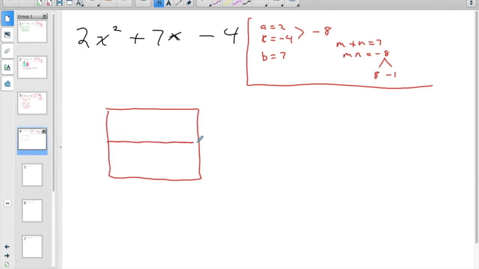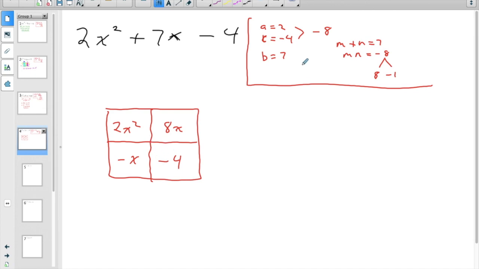So I have my box, and if you remember the way that we set it up, this 2x squared and this -4 go in the top left and the bottom right respectively. Then we take the two numbers that we found and put an x with them, so 8x and -x. And we do the same thing that we had done.